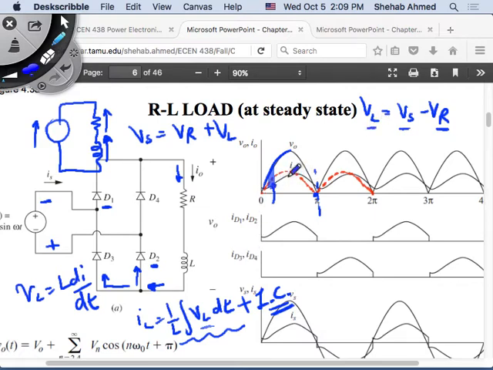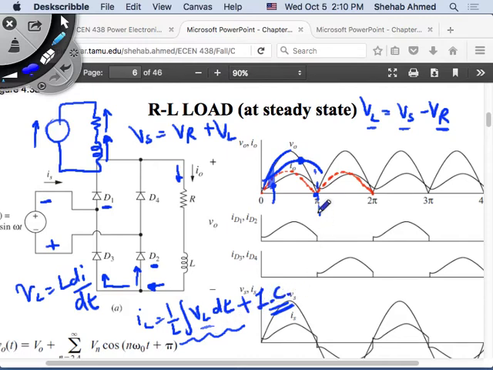Until when? The voltage across the resistor is a scaled version of the current, so maybe it will look exactly the same, but a bit higher here. At some point here, VR and VS become equal. Then the inductor voltage is 0, this integral becomes 0, and I only have my initial condition.